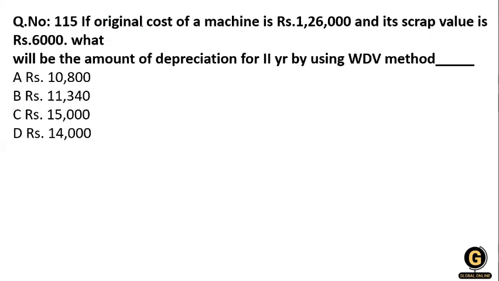Next question: if the original cost of a machine is 1,20,000 and its scrap value is 6,000, what will be the amount of depreciation for the second year by using the WDV method?